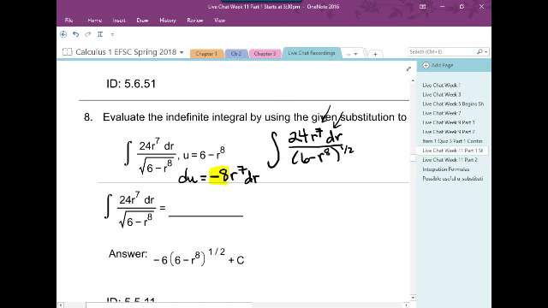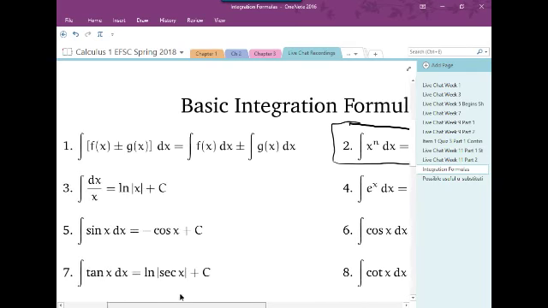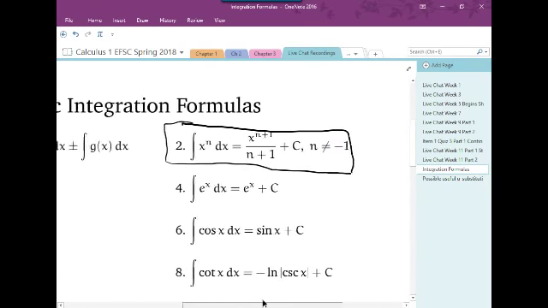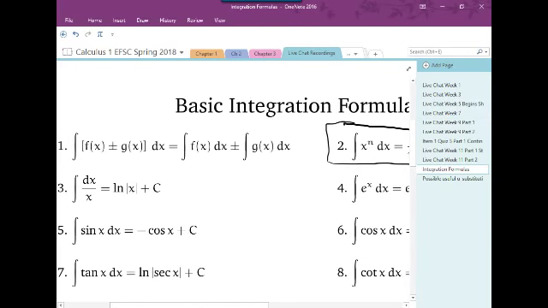So to adjust this to make it fit the pattern that we want, first of all, remember in your integration formulas, I think it's in here, let me see. Oh, maybe they didn't actually list it in here. So another integration fact that they missed on this one: if you have the integral of k times a function f of x dx, you can always bring that k, if it's a constant, out front of the integral.